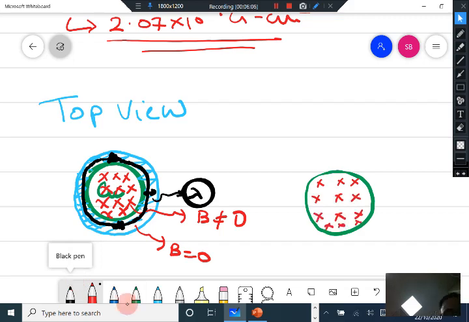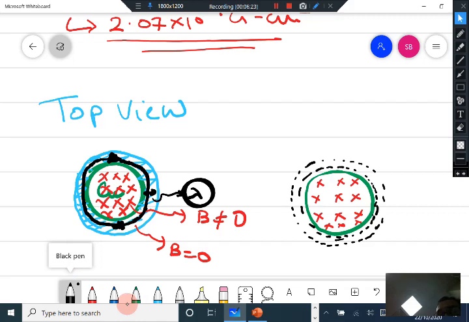Around it you will have shielding supercurrents which will flow up to a distance lambda. So these are the currents which are flowing. I am just exaggerating it.